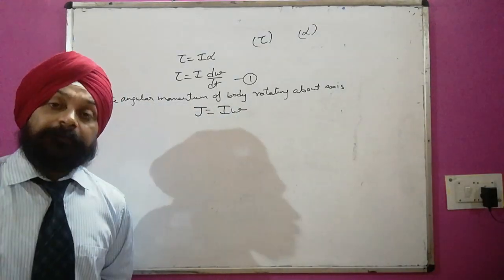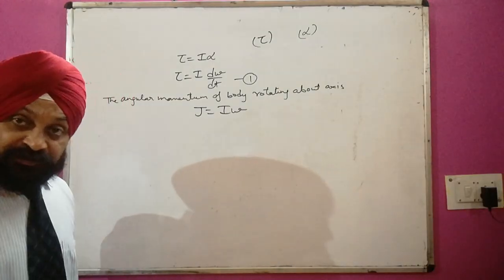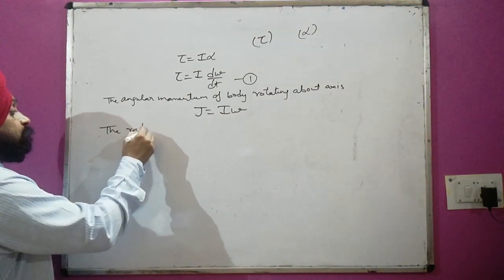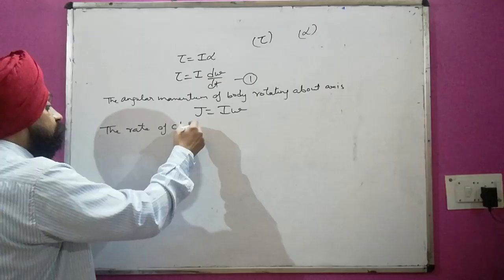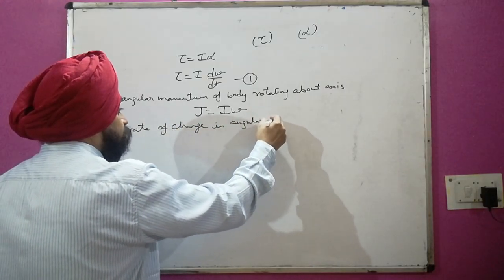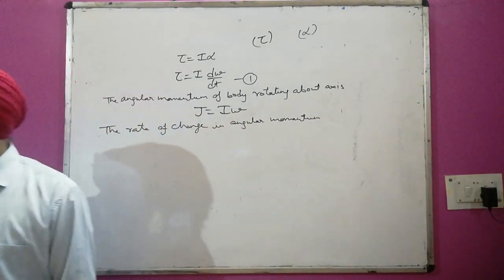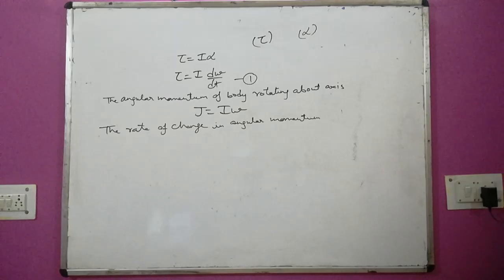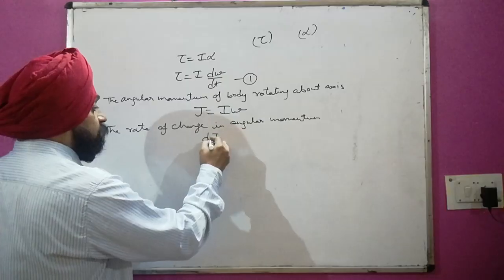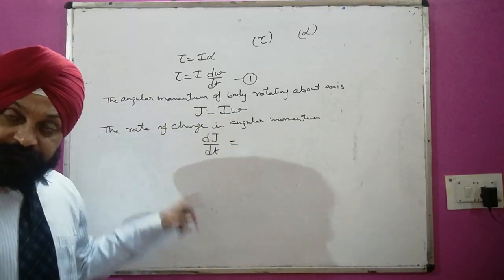Next line. The rate of change in angular momentum, dJ upon dt. So we differentiate this equation with respect to time.